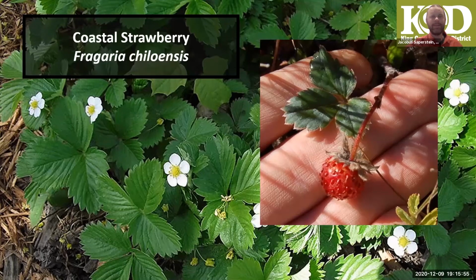It's amazing. Woodland strawberry and a couple of other species, Fragaria virginiana and Fragaria vesca, like it shadier. So this is the sun-loving one.